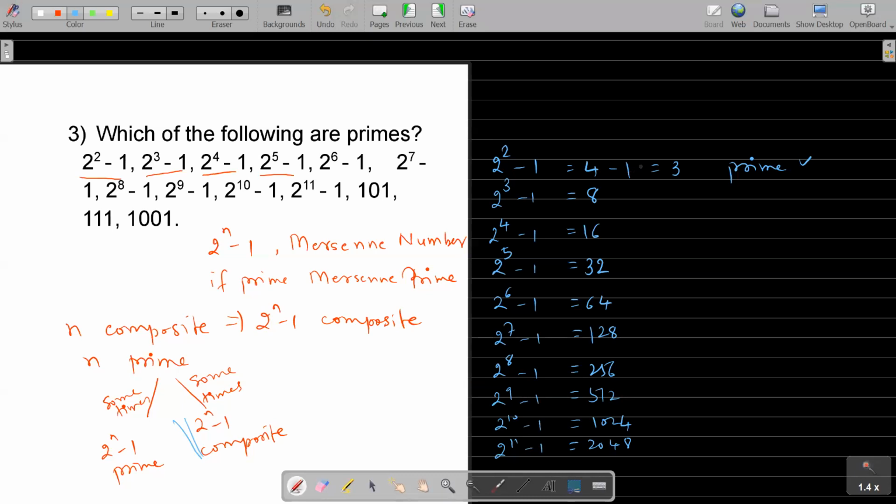So 8 minus 1 is 7, and that is again prime. 16 minus 1 is 15, and that is composite. This is not prime. And that is obvious because 4 is composite, and if n is composite, 2 raised to n minus 1 is composite.